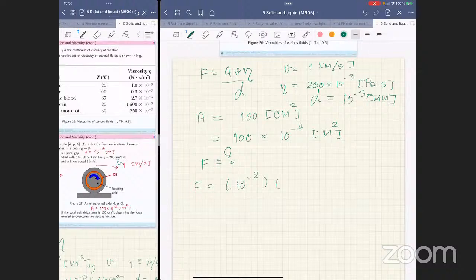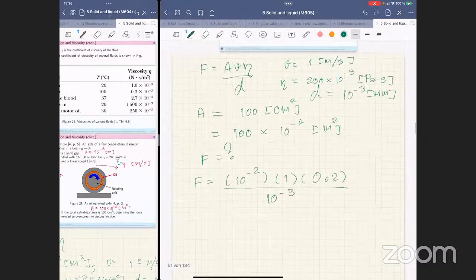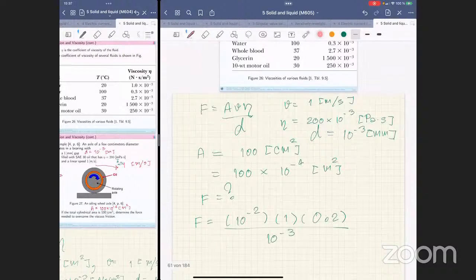And V is velocity 1 meter per second, and eta is 0.2, right? You divide it by the distance D, which is 10 to the negative 3. 1 millimeter is 10 to the negative 3 meter, right?